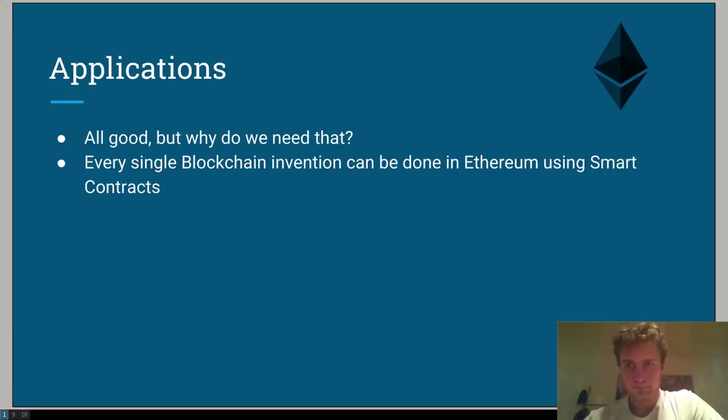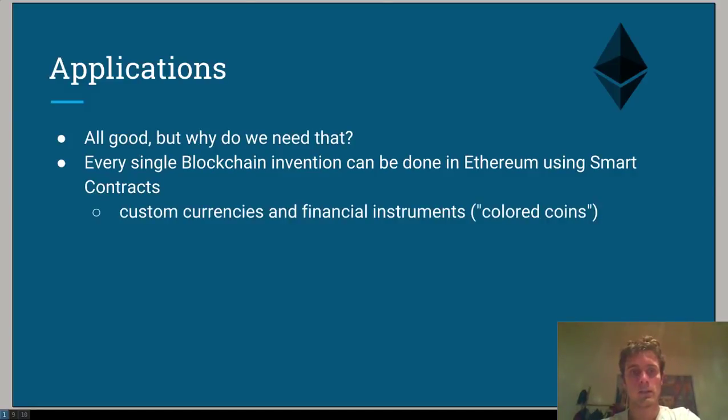So all of this really, that's what you need to understand, relies on smart contracts. So let us go over some of the applications in a general way. What the Ethereum blockchain and smart contracts enable are custom currencies, as I told you about, those tokens, those coins, those new currencies, but also financial instruments.